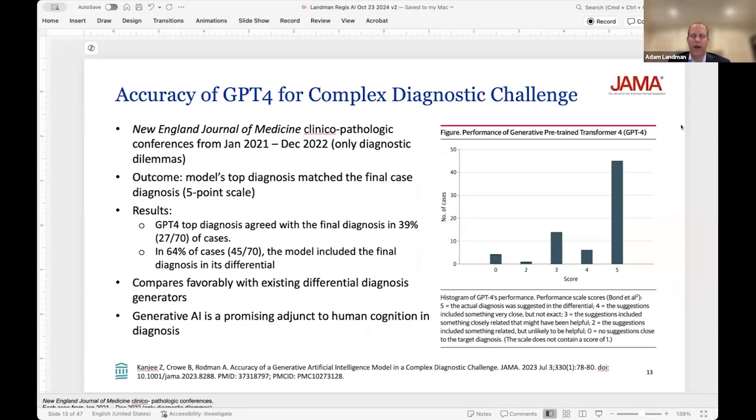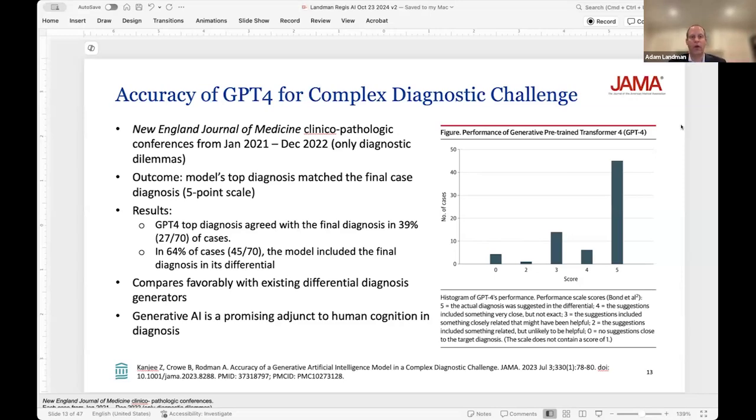This is an example. GPT-4 has also been used for complex diagnostics. Many of you may read the New England Journal and do the clinical pathological cases that come out every month. This is a study that took those cases from the New England Journal, ran them through GPT-4, and asked it to come up with the differential diagnosis and the top diagnosis. These are very challenging cases, often challenging to the most astute, most talented clinicians.